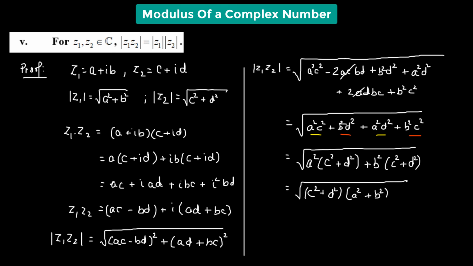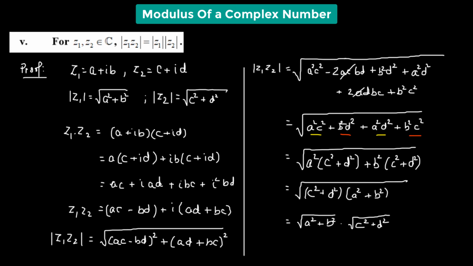Now we can separate into two square roots. So that would be simply the product of the square root of A squared plus B squared times the square root of C squared plus D squared.